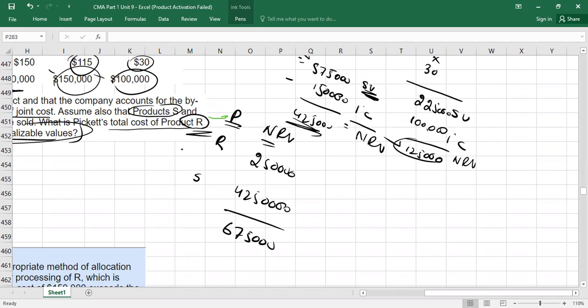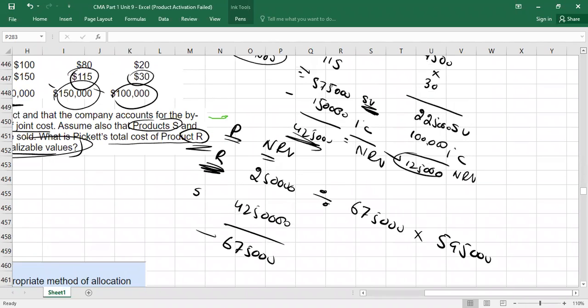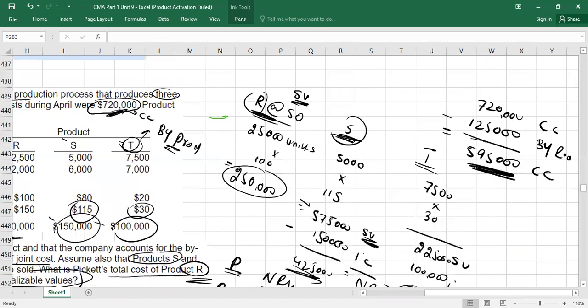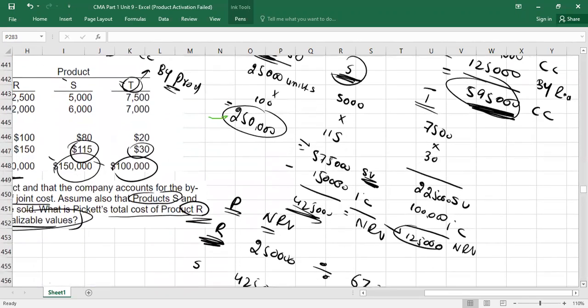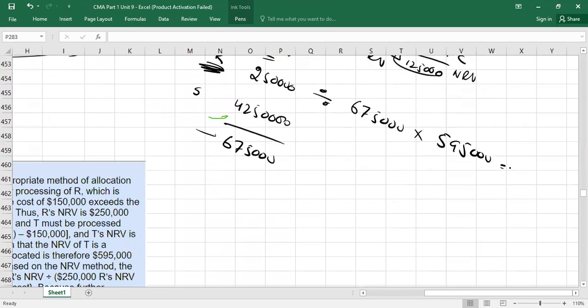And now I want to allocate to the R, right? I'll take R NRV value divided by 675, which is total NRV, multiplied by common cost, which is 595,000 we calculated here, right? Right or wrong? This we will multiply, you will get the answer. 220,370.